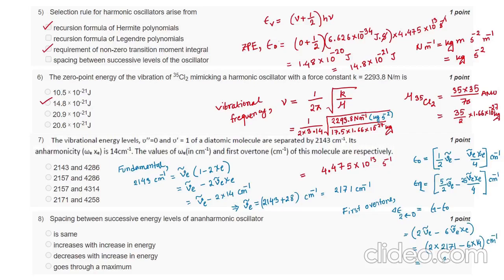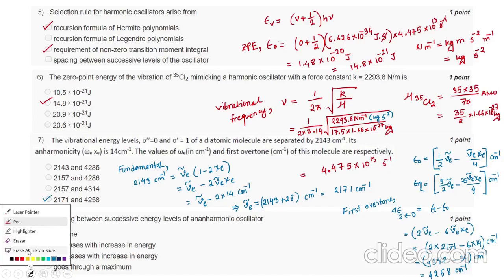So this is 4342 minus 84, which is 4258 centimeter inverse. So here this is the correct answer.